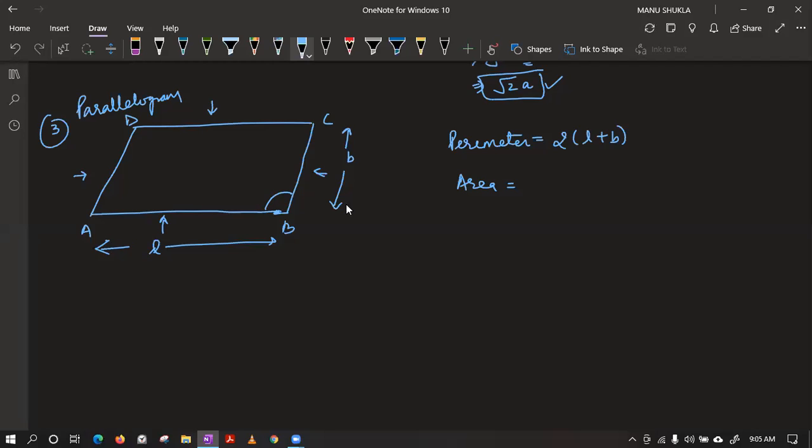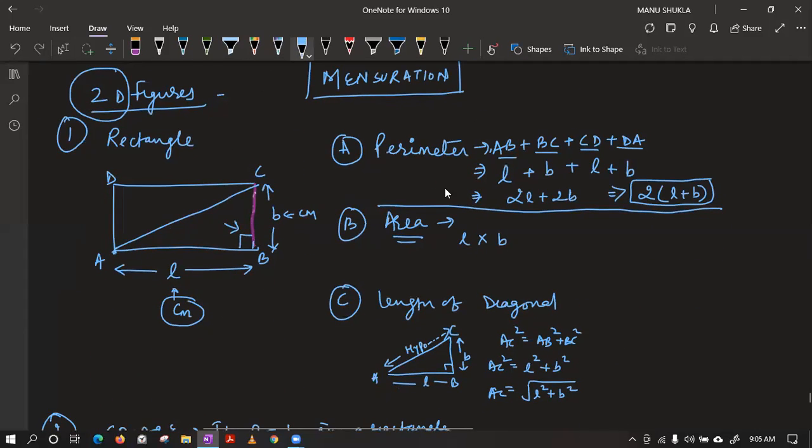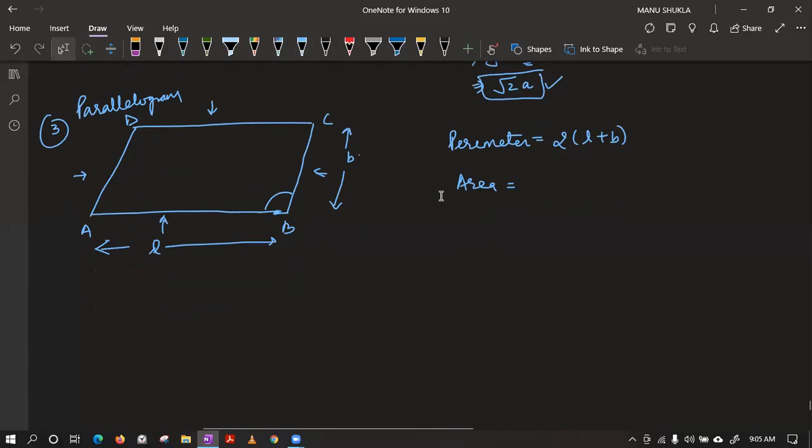So you can't say that this B is perpendicular to L. In the case of a rectangle, L and B were perpendicular to each other, but in the case of a parallelogram they are not perpendicular to each other, so we can't use that formula L into B.